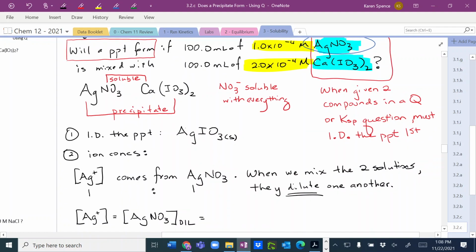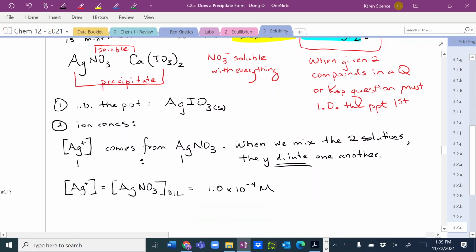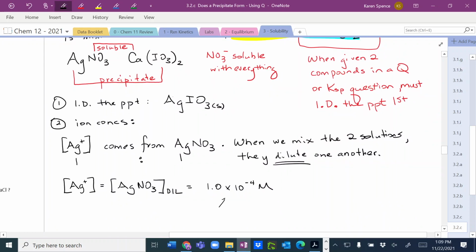So my old concentration of silver nitrate is up here. It is 1.0 times 10 to the minus 4 molar. That is our undiluted AgNO3. Normally you wouldn't write that, I'm just annotating for you.